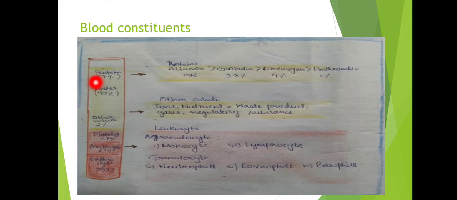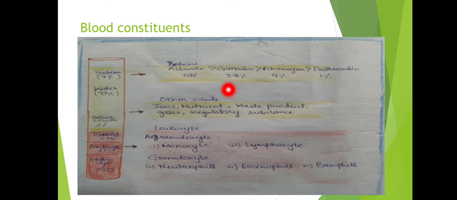Then the constituent proteins. In the plasma there are many proteins, and most of the protein is in the form of albumin. We know that albumin functions in regulating the osmotic pressure of the body.